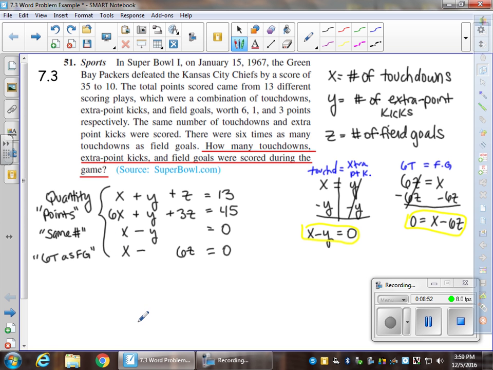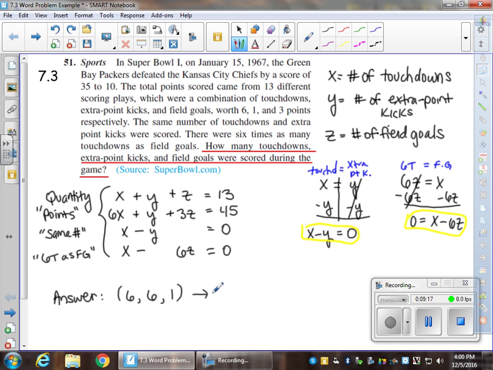Side note, just to make sure that you feel comfortable with this process, and I want you not to second guess yourself, if you do it correctly, your answer should be 6, 6, 1.